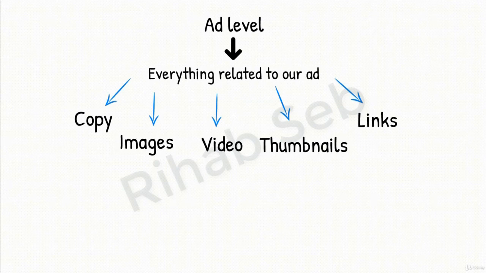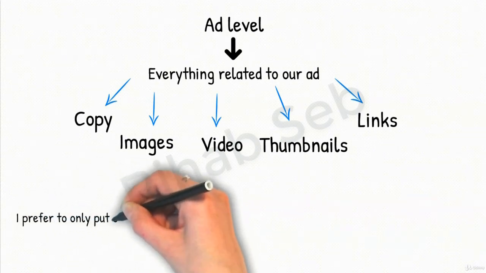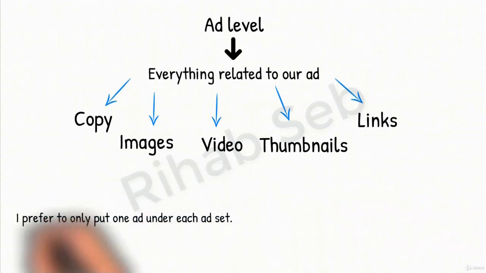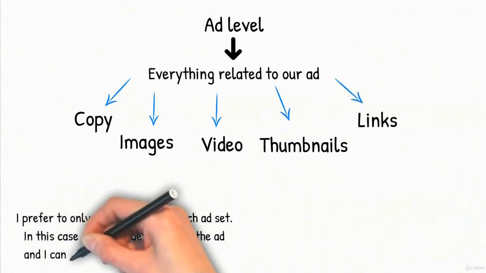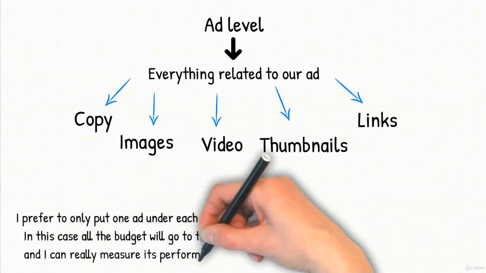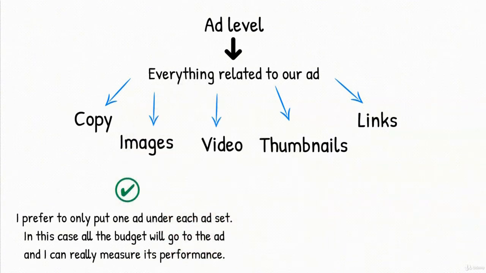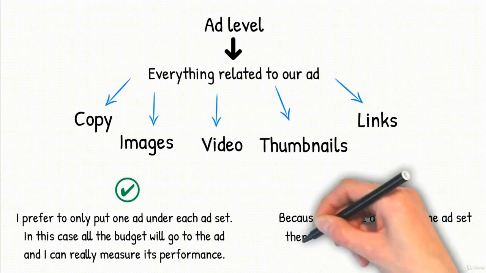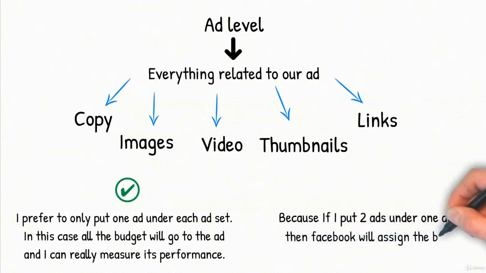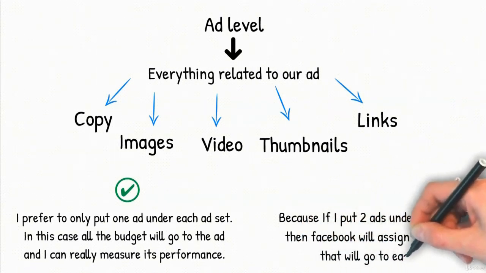I prefer to only put one ad under each ad set. In this case, all the budget will go to this ad and I can really measure its performance. Because if I put 2 ads under one ad set, then Facebook will assign the budget that will go to each ad, and I really don't like this.